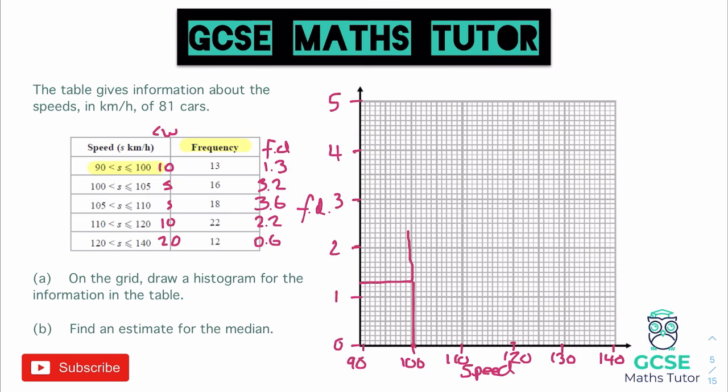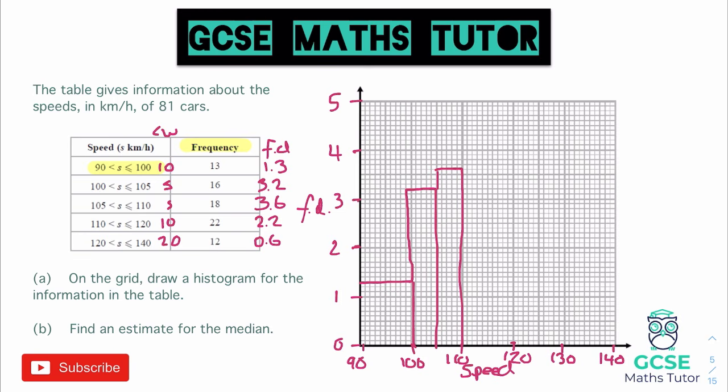I'm going to go up from here to start with, 3.2, and then down with the 105. Obviously you can make this look a lot neater than mine, because you can do this with a ruler and a pencil. For the next one, that has a height of 3.6, that's our largest bar, so we want to go just a little bit above the halfway between 3 and 4, go across nice and neat across that line, and then down to the 110.